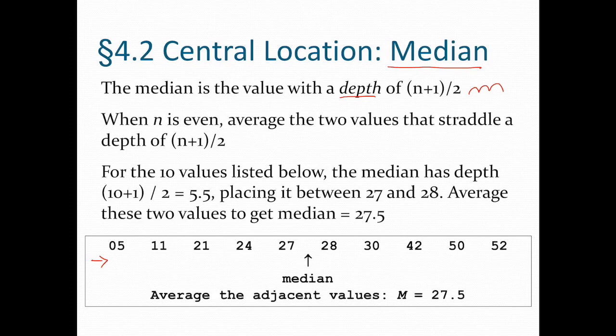So shown here, we have 10 plus 1 divided by 2 is 5.5, so we go 1, 2, 3, 4, 5, 6. So this is 5, this is 6, so 5.5 is right here. This is where the median lies. There is no number right here. Therefore, we have to take the average of the two values that are by it. So 27 plus 28 divided by 2 will give you 27.5, and that is the median value.